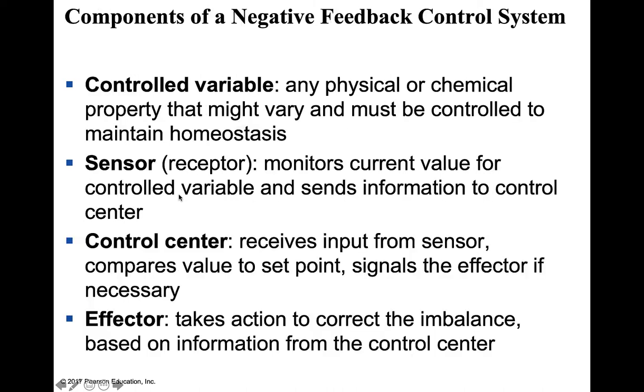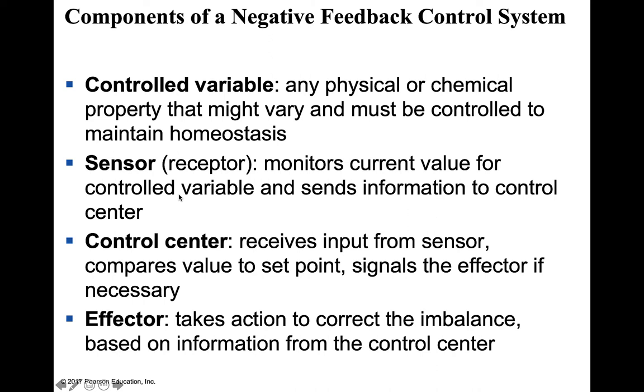Now, as I said, these are the major components. The controlled variable could be something like body temperature, blood pH, or blood glucose levels. All of those are things that we control and regulate pretty tightly. The sensor in our body is going to be a receptor, and what it's doing is monitoring to make sure that the controlled variable is where it's supposed to be.